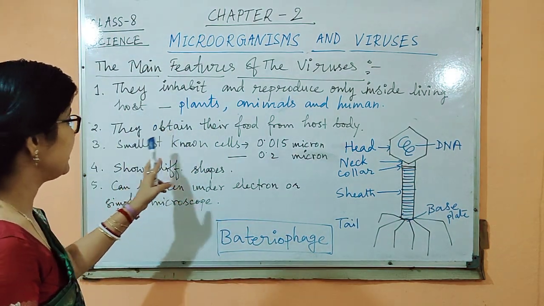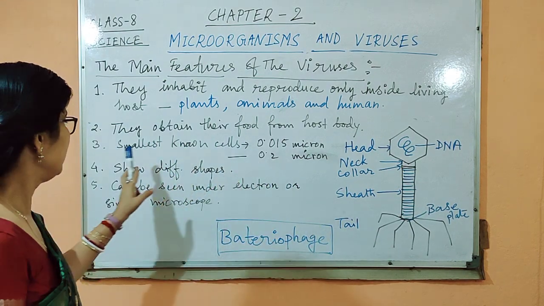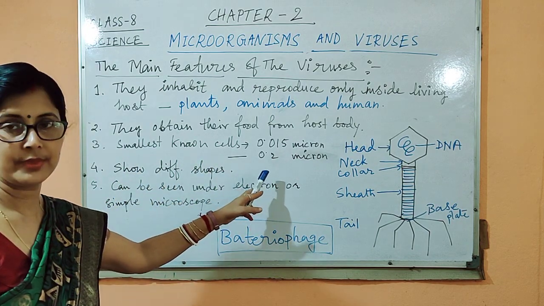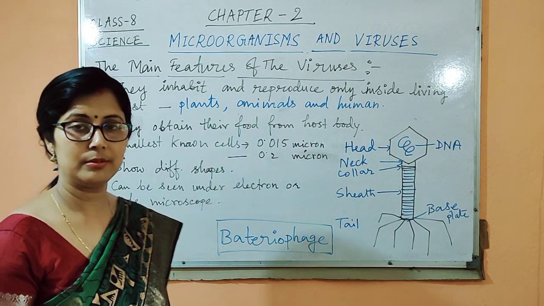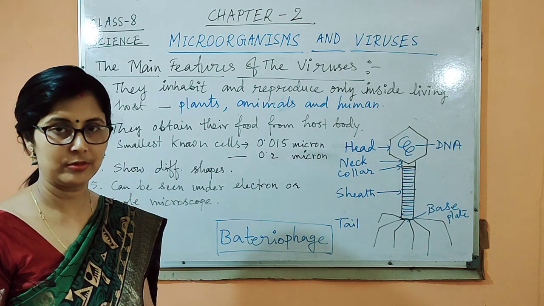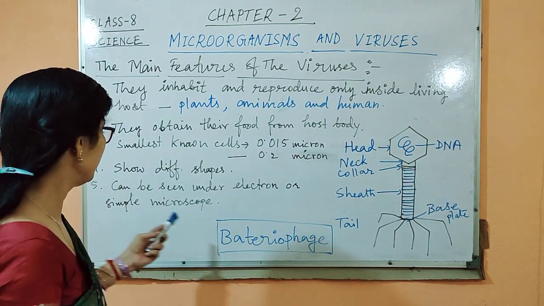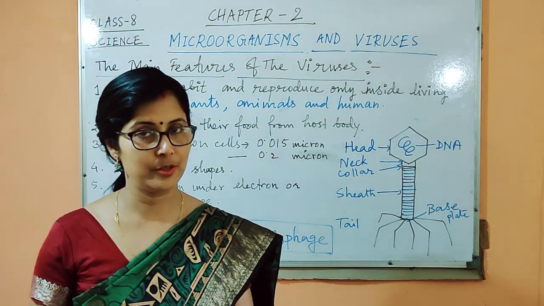Feature number 2, they obtain their food from the host body only. Number 3, these are the smallest known cells, around 0.015 micrometer to 0.2 micrometer or micron. They show different types of shapes and they can be seen under both a normal microscope or electron microscope.